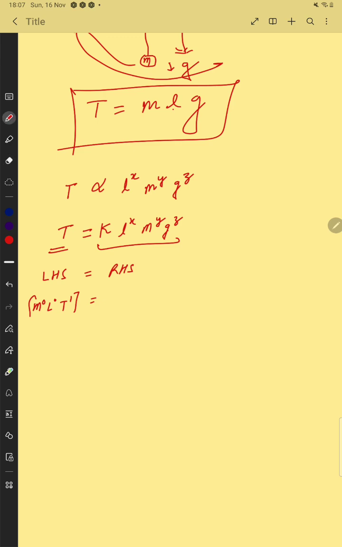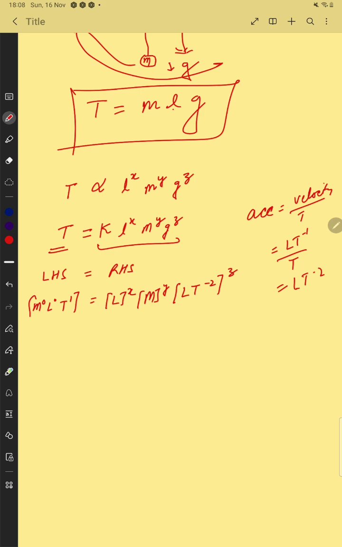Now length power x, mass power y, and what is acceleration? Acceleration is velocity upon time, meter per second, so LT^-1 upon T gives LT^-2. So we write (LT^-2) with power z.